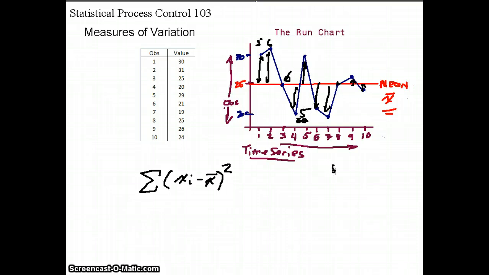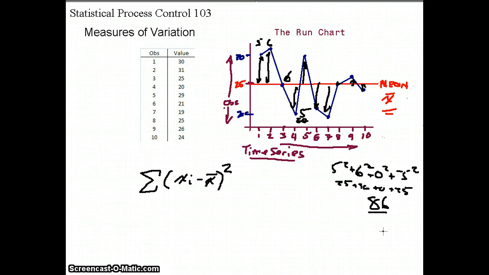So we have 5 squared plus 6 squared plus 0 squared plus negative 5 squared. That would be 25 plus 36 plus 0 plus 25, which would be 86. So if we had just 5 observations, we'd have this summary statistic of 86.